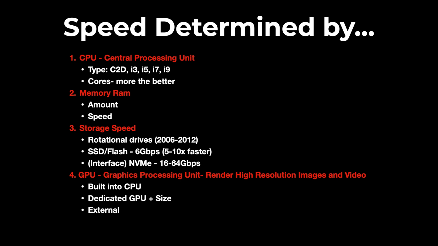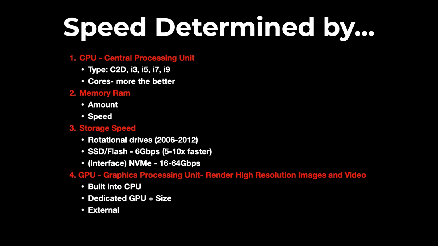And then the GPU, which is specifically designed for graphics. So it's for rendering high resolution images and video. So if you don't really do that, if you're just on your computer to maybe stream and you're not doing any photo editing, you don't really need a super fancy computer. You just need an SSD drive and as much RAM as you can get.